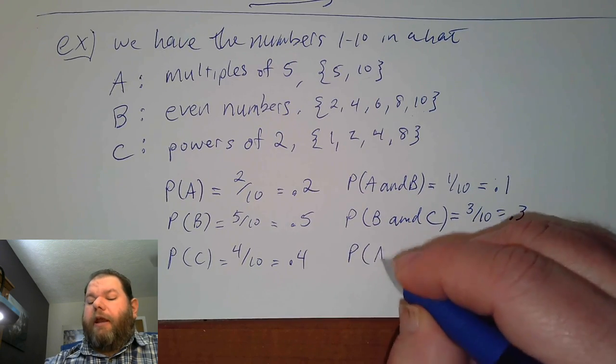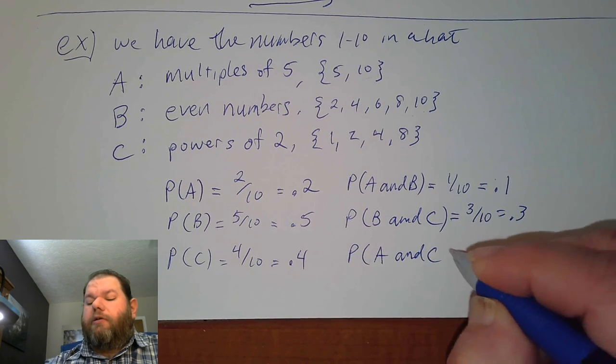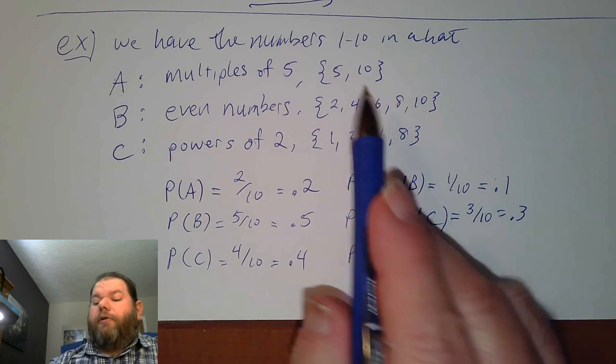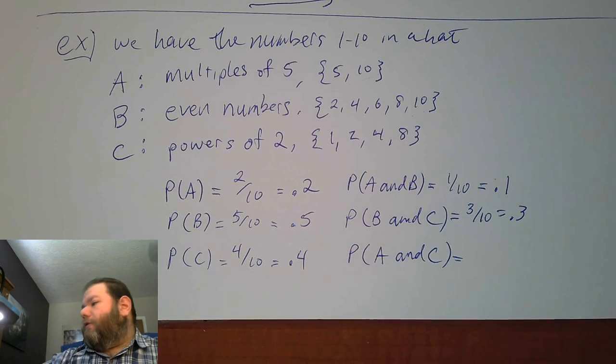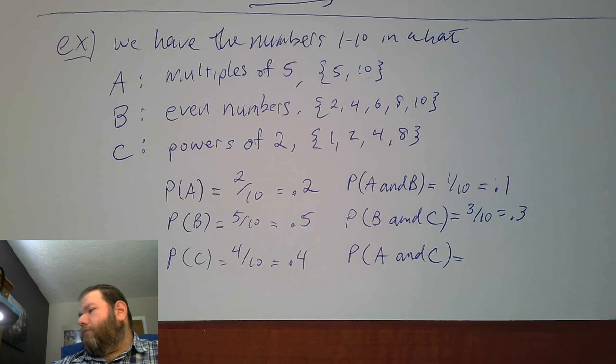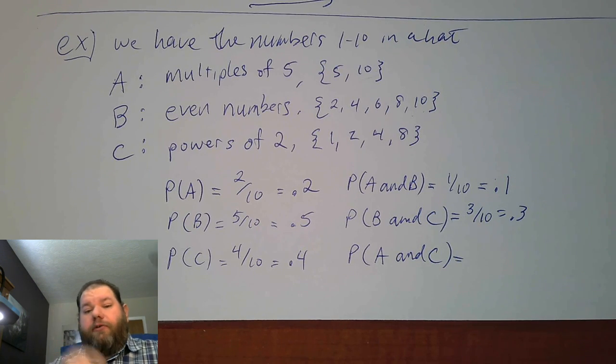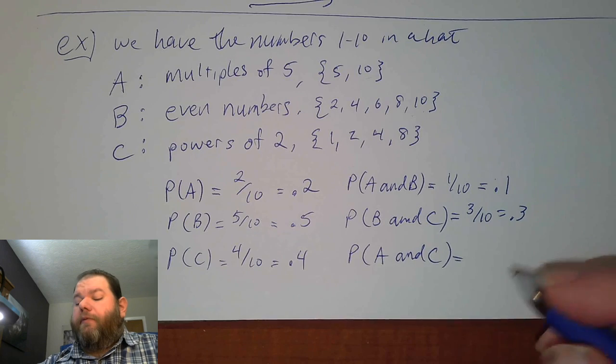And finally, what about A and C? So here you have event A and event C. Those are called mutually exclusive, exactly.